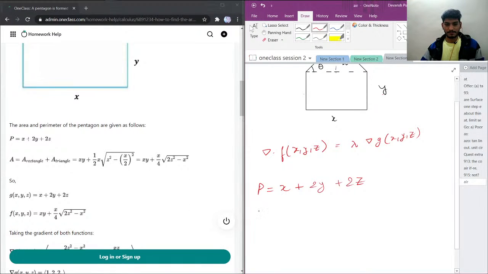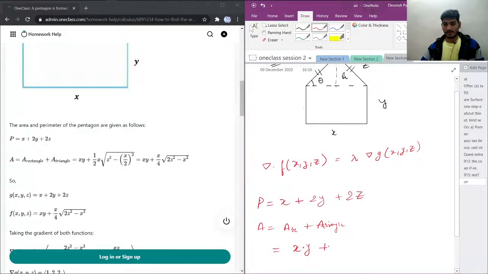Now my area is going to be area of rectangle plus area of triangle. Area of rectangle is length into breadth, x into y, plus area of triangle is half base into height, base is my x.